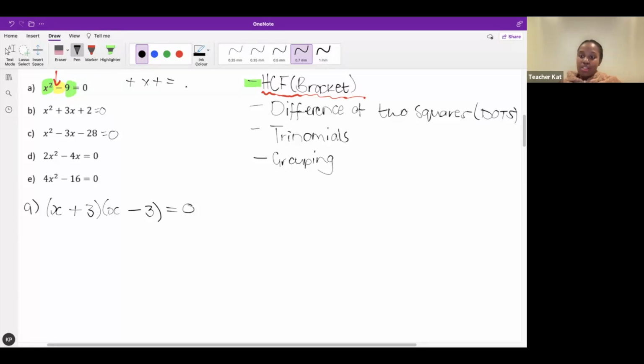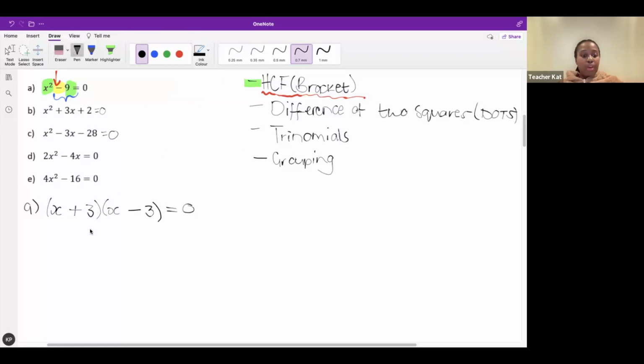A positive times a positive is going to give me a positive answer. And what about a negative times a negative? That's also going to give me a positive answer. So the only way we could get a -9 is that one of my brackets had to be positive and one of them had to be negative. I hope that clarifies it for you guys. Okay, just in case you want to remember nicely and properly.